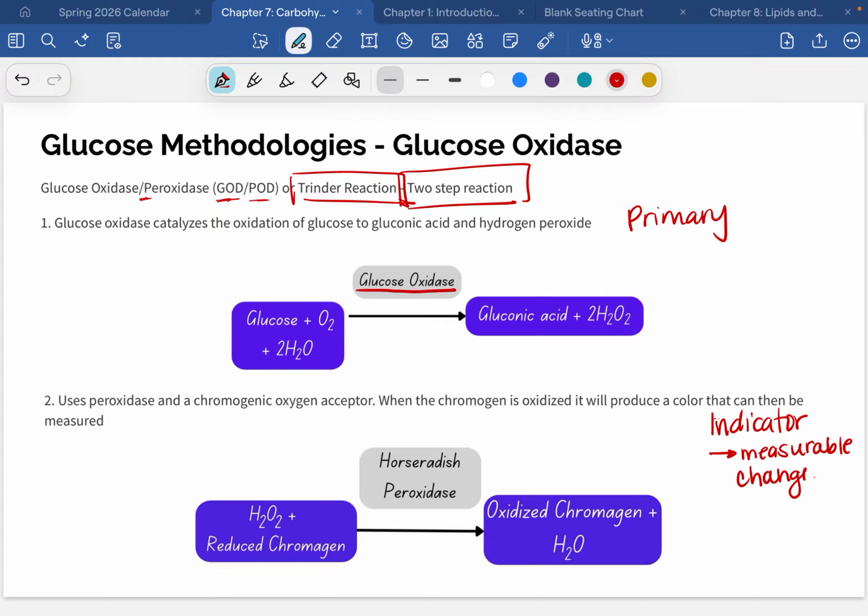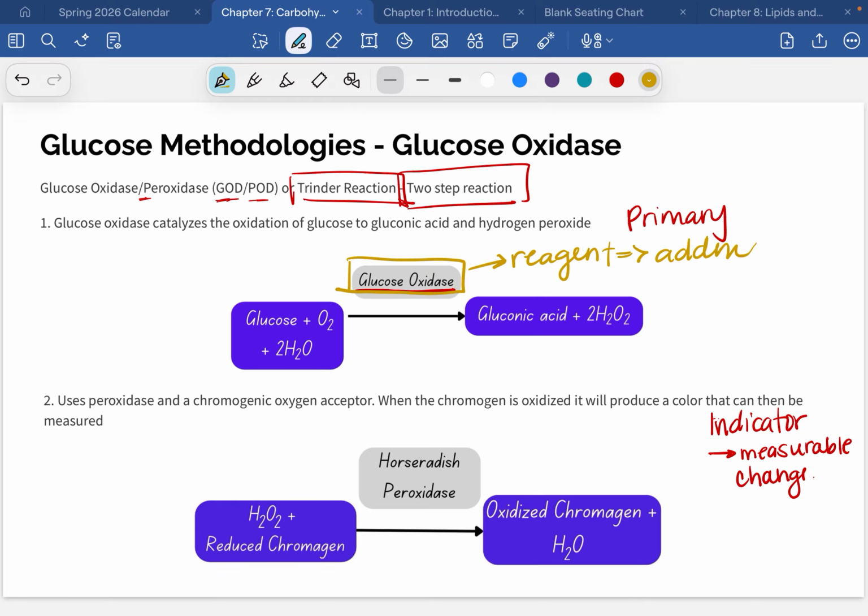So what we're looking at here is this glucose oxidase is what we would call the reagent. And what I mean by that is this is what we are adding to the reaction to make something happen. The glucose, the oxygen, the water, these are the things that are in the sample.